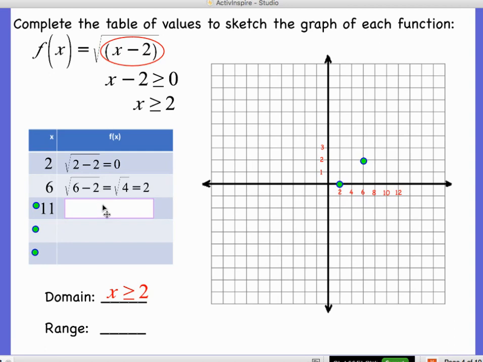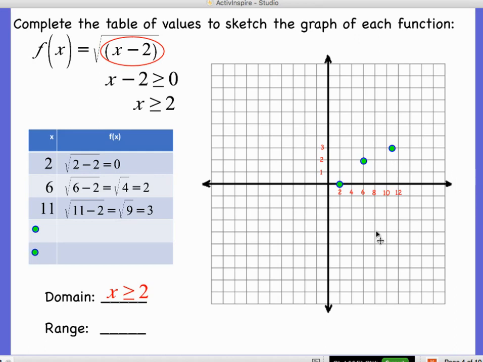The next perfect square is 9. What value must we have in the radicand in order to have the square root of 9? Well, that has to be 11. 11 minus 2 is 9. The square root of 9 is 3. So 11 is going to be here, somewhere in between, and I am going to put my point here.